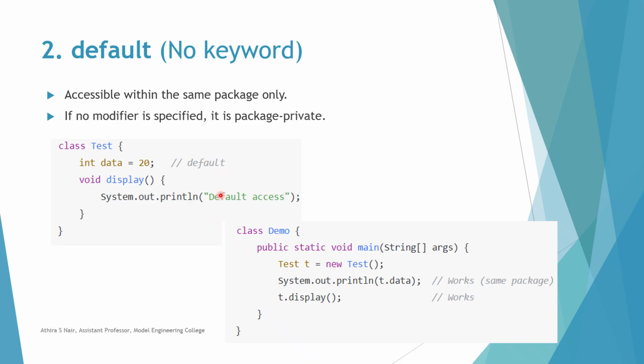Then in the display function, we are printing default access. And in the main class, we are creating an object t. Now we are trying to print the variable data, and the function is also called. So this will show the output because this is accessible within the package. So there is no problem.